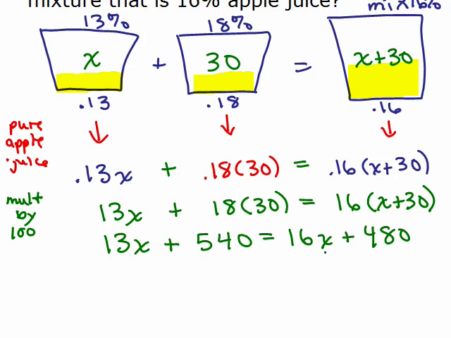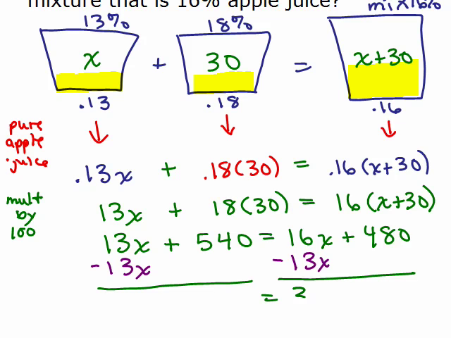Okay, so here we are. 13x plus 540 equals 16x plus 480. And I'm going to get the variables on one side. I'm going to go ahead and put the variables on the right so it's positive. Again, more than one way to do it, but I'm going to keep the variables on the right so that I've got 3x on this side, which means I want to subtract 480 as well.